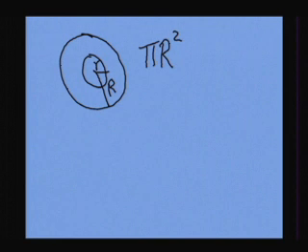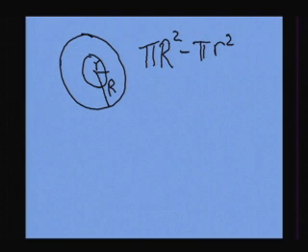And what we have then, of course, is an inner radius of little r, and the radius of the larger one I'll use as big R, or capital R. And so if we want to find that cross-sectional area, we would take the area of the outer circle, pi capital R squared, and we would subtract the area of the inner circle, which is pi little r squared.